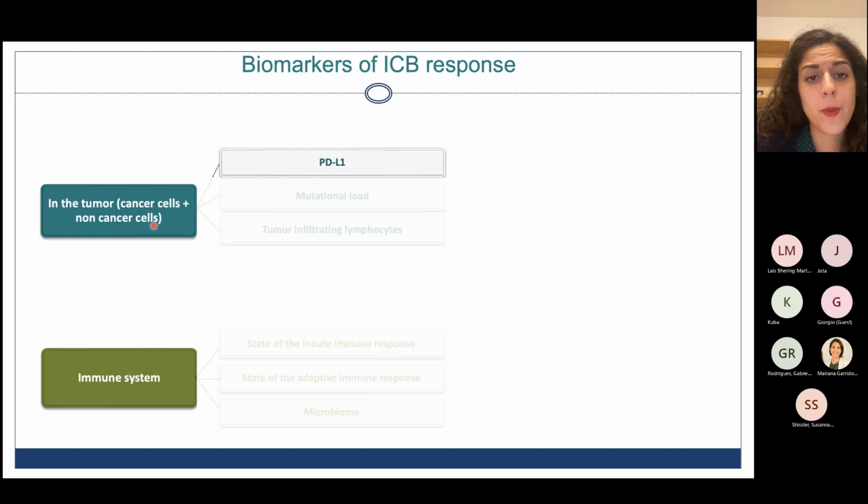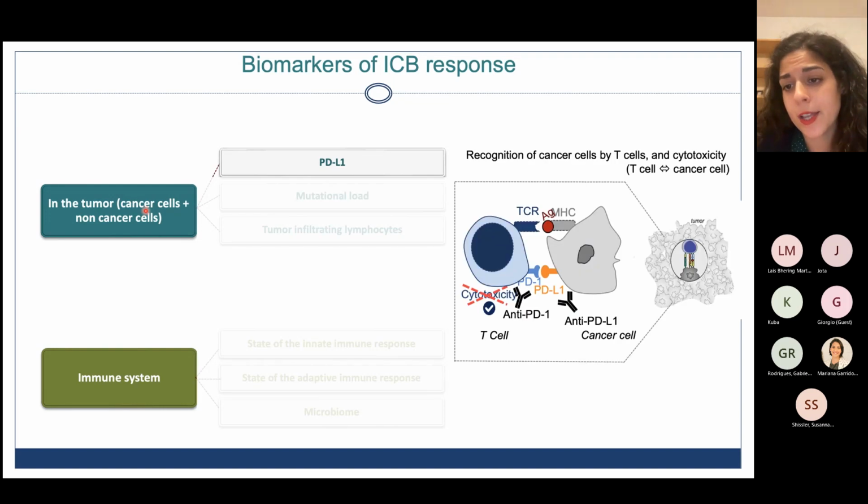So the biomarker, for example, at the level of the cancer can be PD-L1. So you can assess the PD-L1 level in the tumor of the patient. And the rationale is quite simple. Because I have shown you that the cancer cells can have the upregulation of this PD-L1, and then this PD-L1 can block the T cells.